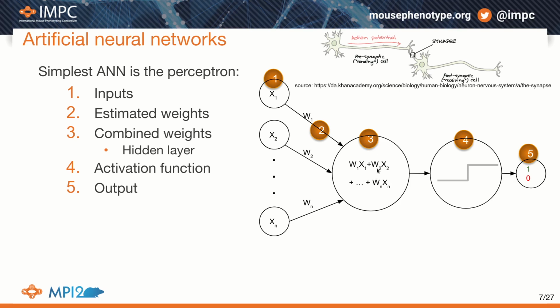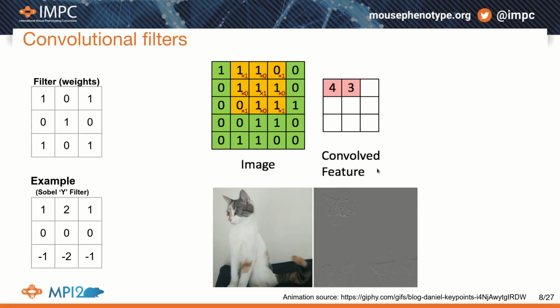So you have many hidden layers, which you'll see in the next couple of slides. So we are interested in convolutional neural networks, and this slide just talks about convolution briefly. So this is a matrix or a filter with values in it, which are called weights. And again, similar to what we did in the previous layer, this is our input image.